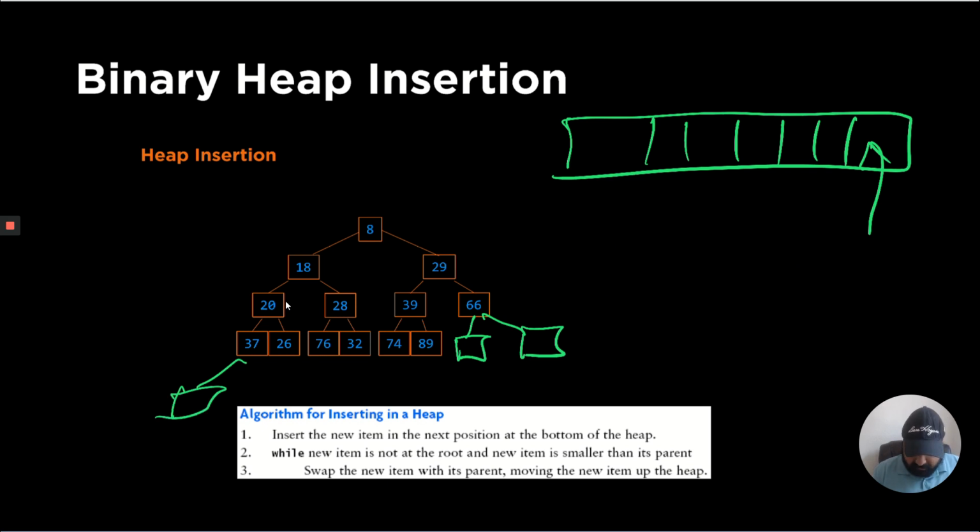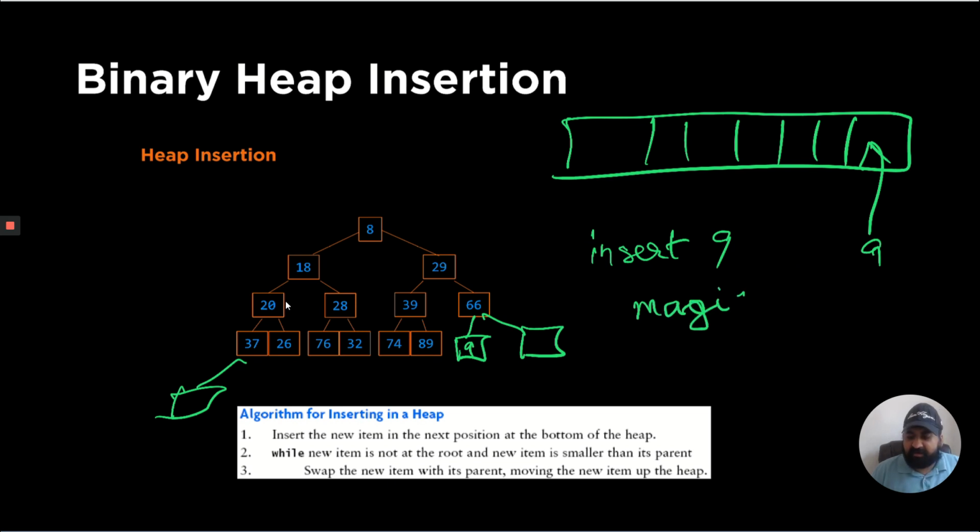So what you do is you add the number here. Let's say I was trying to insert 9, I just add 9 here, attached to the last element in the array. Next, I now know I have violated the heap property because 9 is smaller than 66, so it should be its parent. So we need to do some magic to fix this.